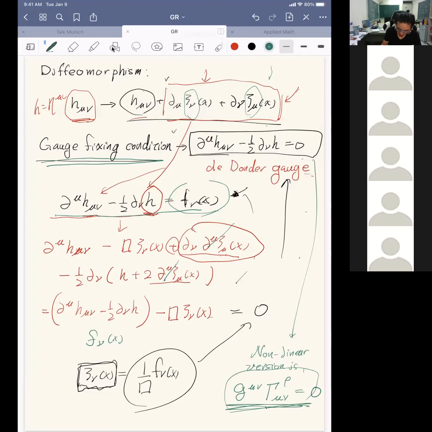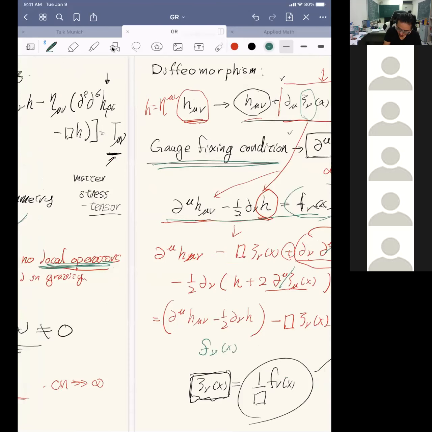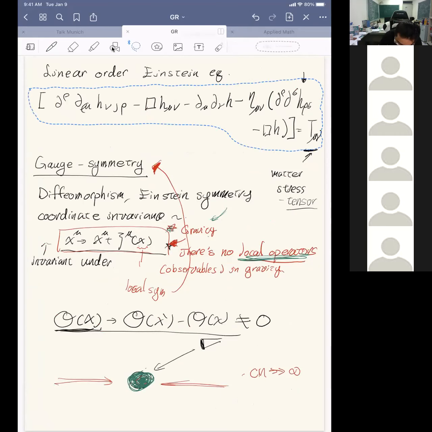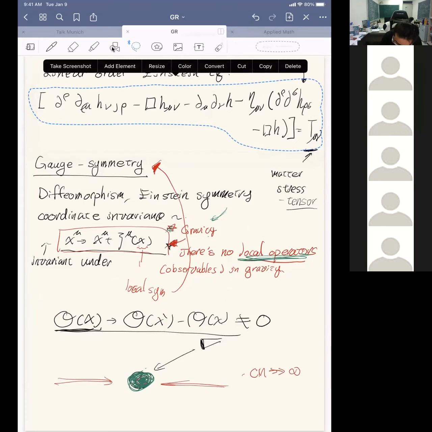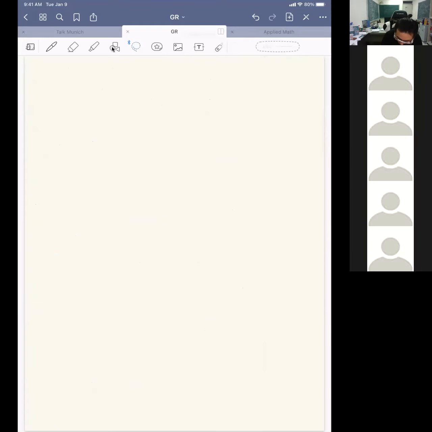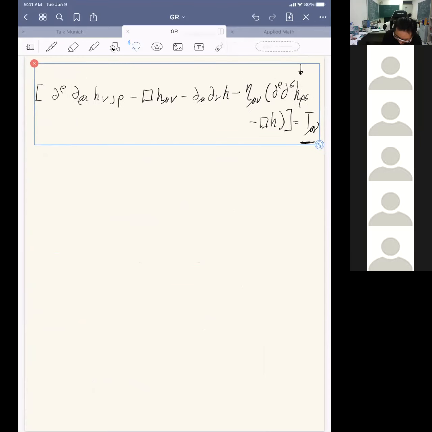Okay, good. So if we use the de Donder gauge, then we can simplify the Einstein equation. So let's come back to the Einstein equation. Here's the Einstein equation. Let's see how it simplifies in the de Donder gauge.